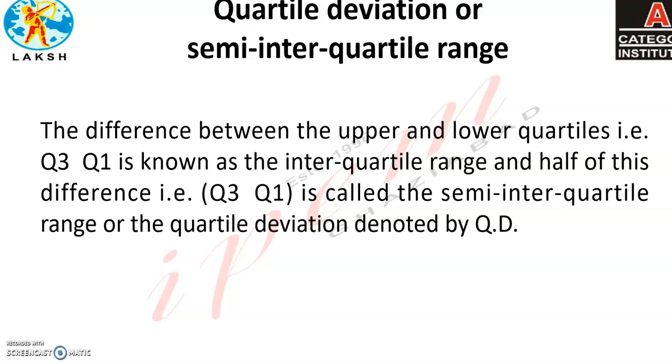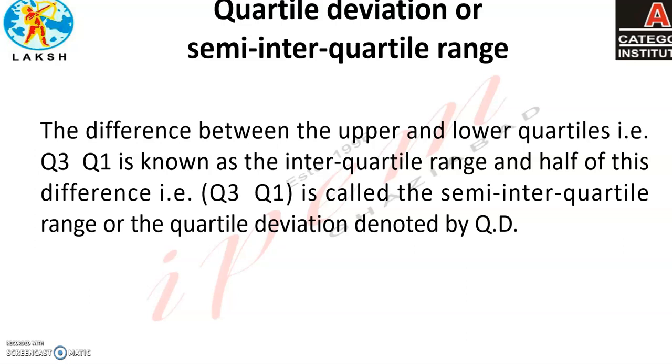Second, come to quartile deviation, or it is also known as interquartile range. This is based on the quartiles what we have discussed earlier in your measure of central tendency topic.